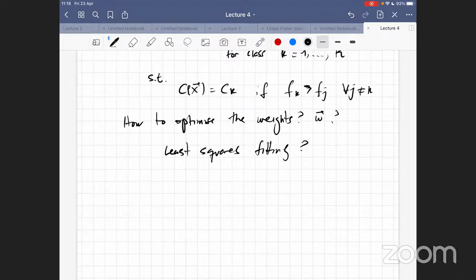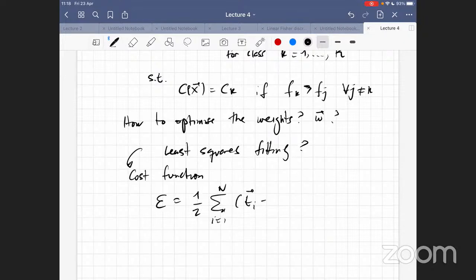So if you do this and you insist that this is the correct cost function for you, then you may say, okay, let me build my cost function. By following this strategy, the cost function would be, let me write it like this, 1/2, for example, the sum over all the points of the following.